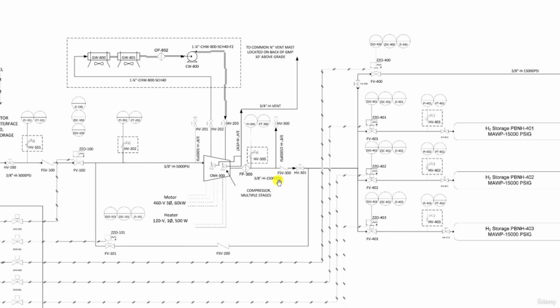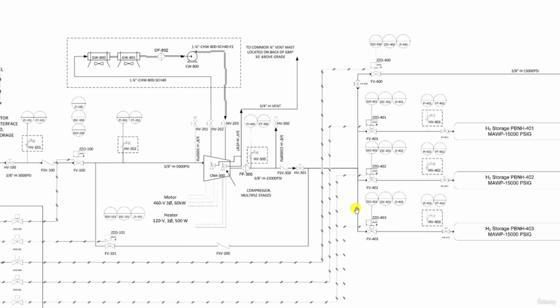The compressed hydrogen gas flows through the filter FF300, then a check stop valve FSV300, then a hand valve HV301. Past HV301, the flow of the compressed gas and that of the bypass line are merged, then routed to 4 possible locations.